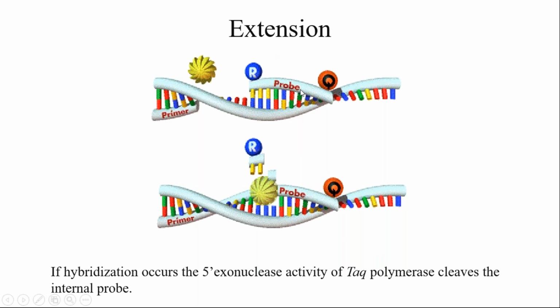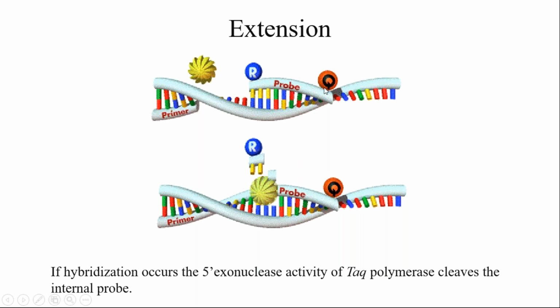So it will hydrolyze this probe, and it can only do that when the extension has reached the region where it has primed. So once it comes here, the Taq polymerase cleaves this internal probe.